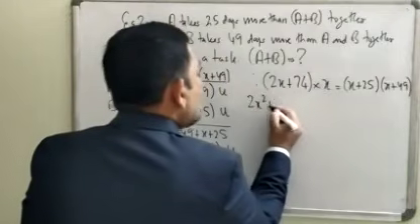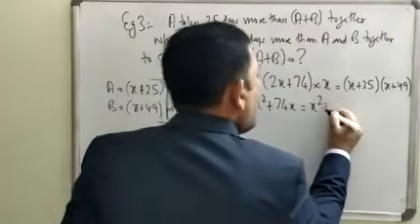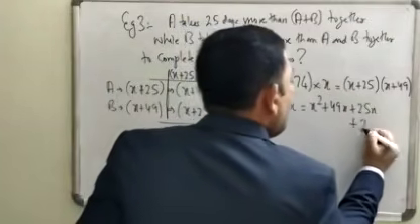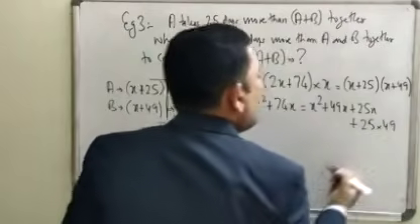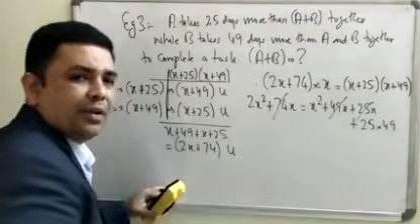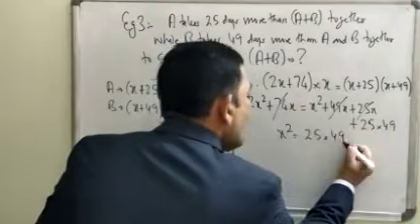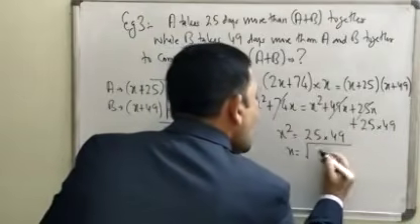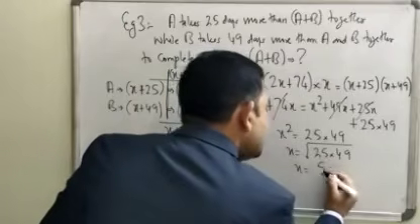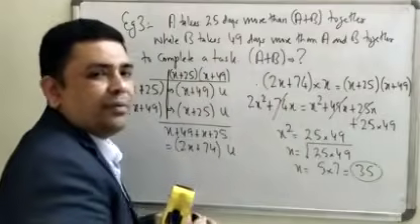Now what we will do? So 2x square plus 74x is equal to x square plus 49x plus 25x plus 25 into 49. So this will get cancelled. So what we will have, x square is 25 into 49, x is under root of 25 into 49, x is 5 into 7, x is 35 days.